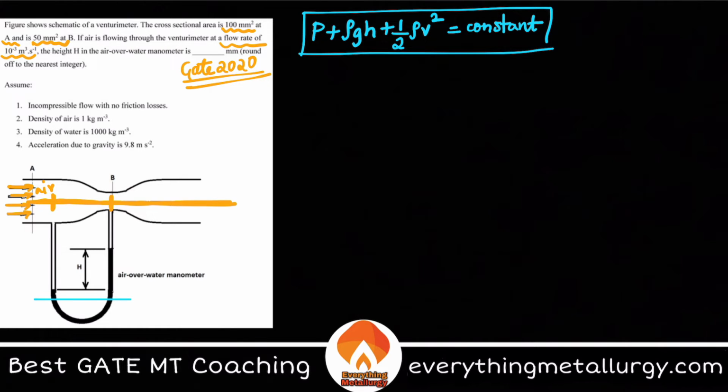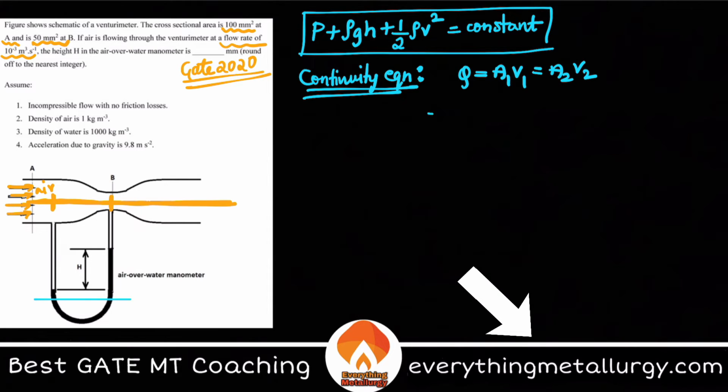Now what is the required thing? Velocity. For velocity you can always use the continuity equation. The continuity equation tells you the flow rate is always constant and equal to the product of area into velocity.